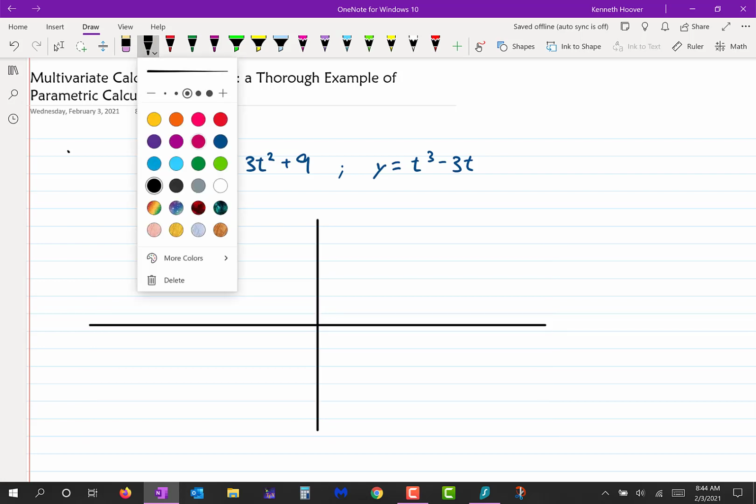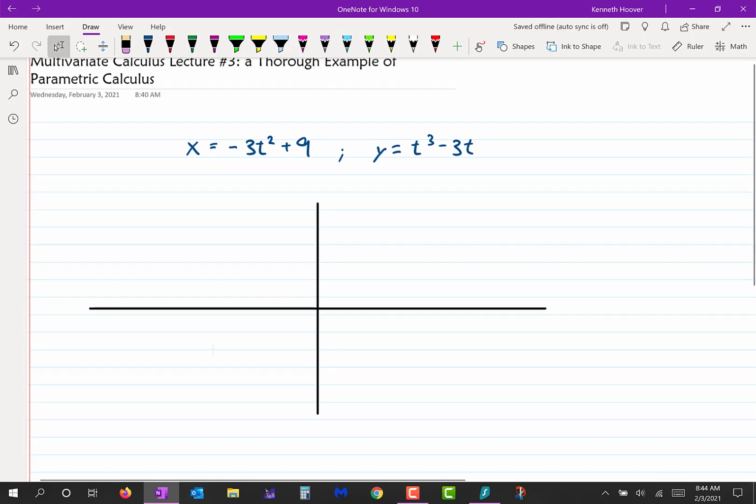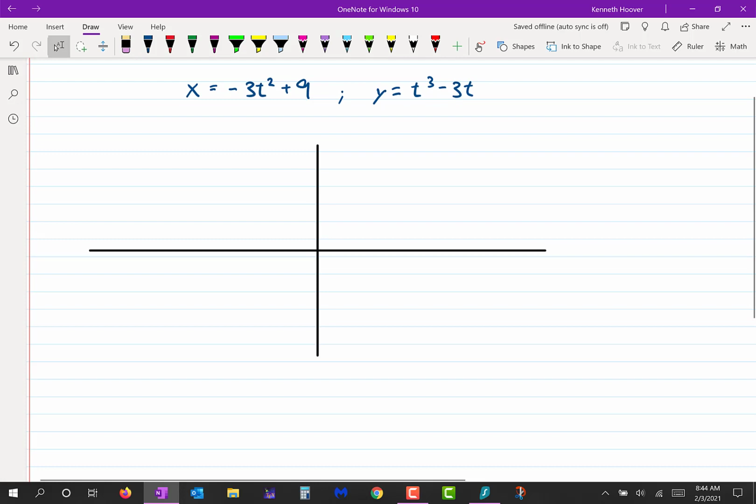Okay, now, where do you think we should start? I think that when you're given a function for x and a function for y, the place to start is to write down the derivative of both of those. So I'm going to write down dx dt and dy dt.